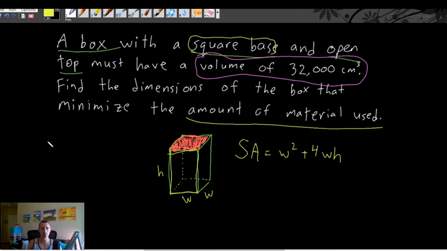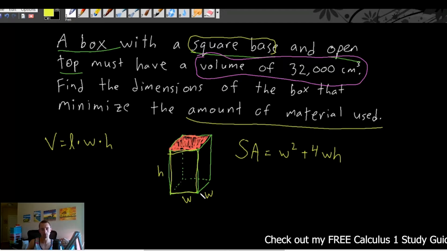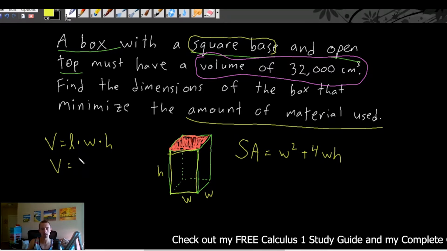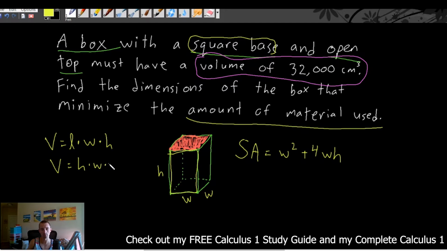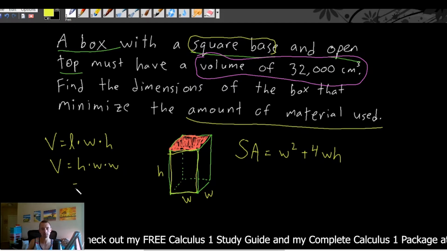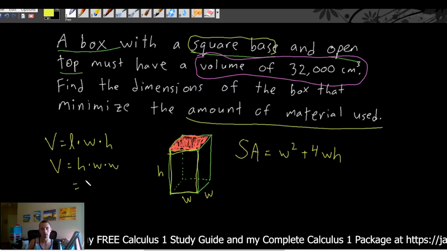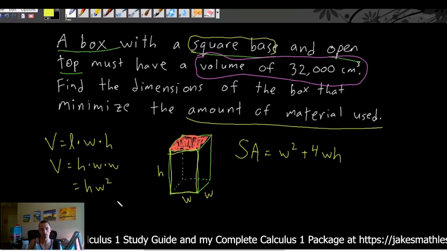What is the equation for the volume of a rectangular prism? It's length times width times height, right? So the length and width and height of this box are H, W, and W. So the volume of this box in particular is going to be H times W times W, which is the same as H times W squared.